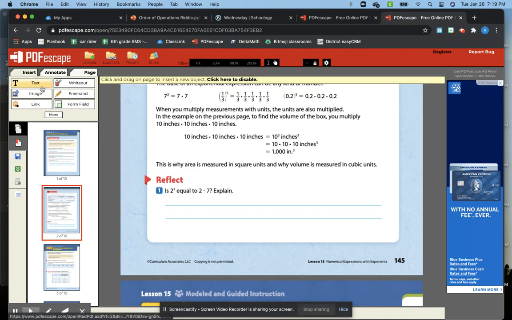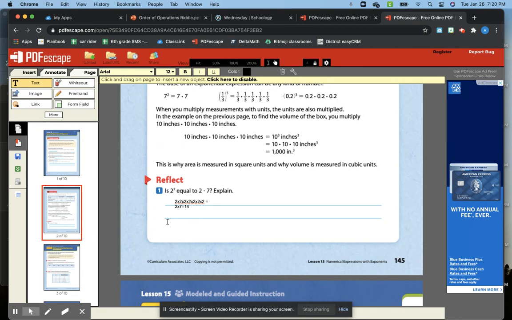And the problem, it would be, because if we wrote 2 to the 7th power in expanded form, that would be 2 times 2 all the way until we get 7 2's. And that's going to be equal to something. And then we have 2 times 7, which we know is equal to 14. So the two problems would not be the same.